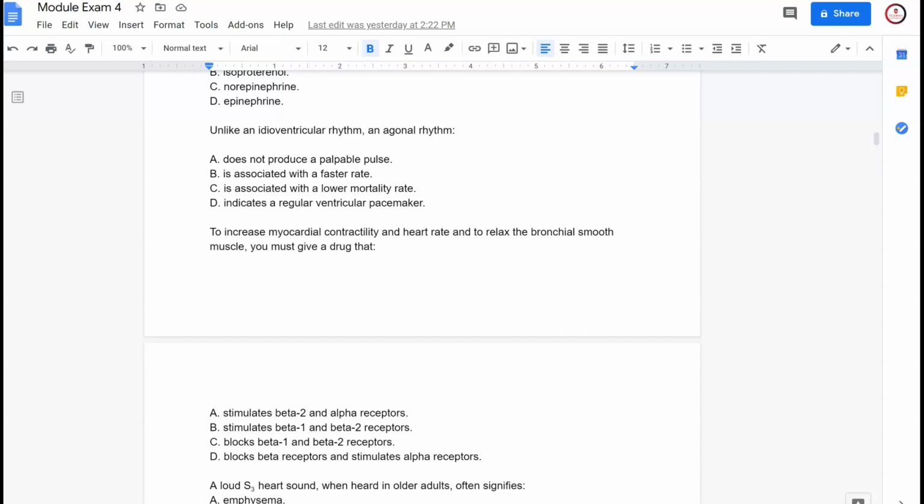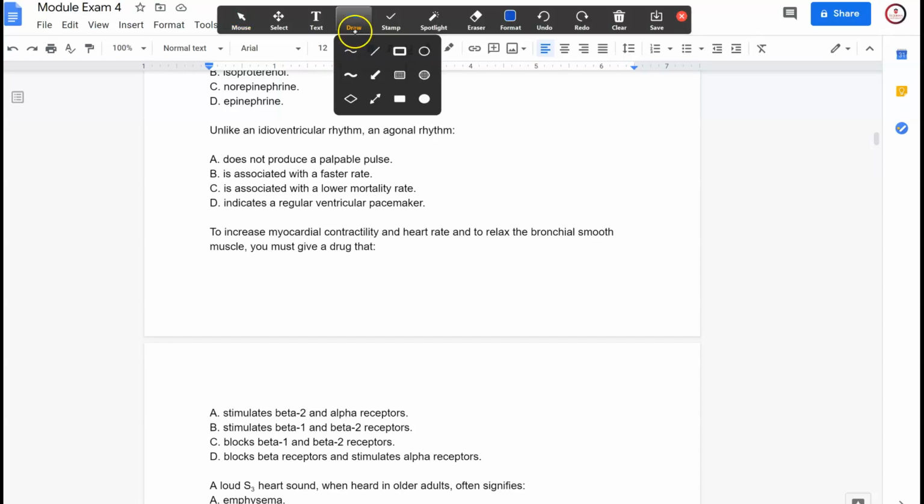Unlike an idioventricular rhythm, an agonal rhythm does not produce a palpable pulse. Is associated with a faster rate? No, it's pretty much the same. These two are like the same thing. Associated with a lower mortality rate? Definitely not.